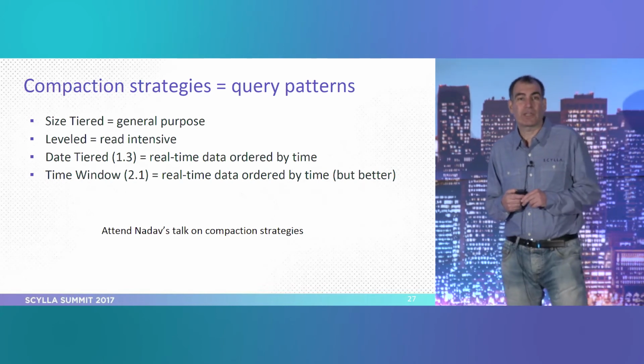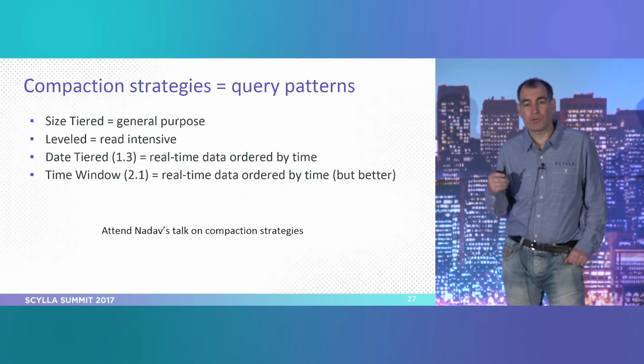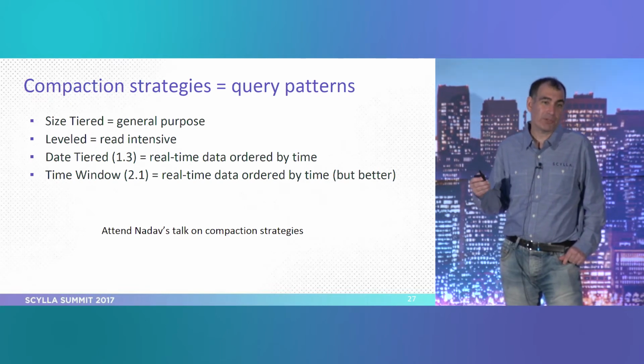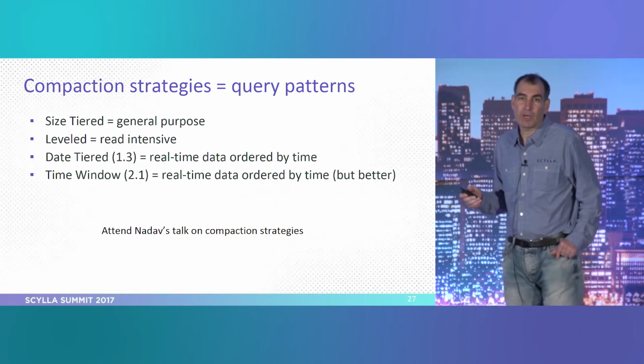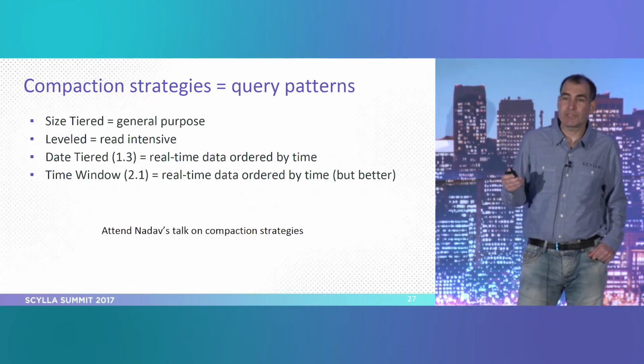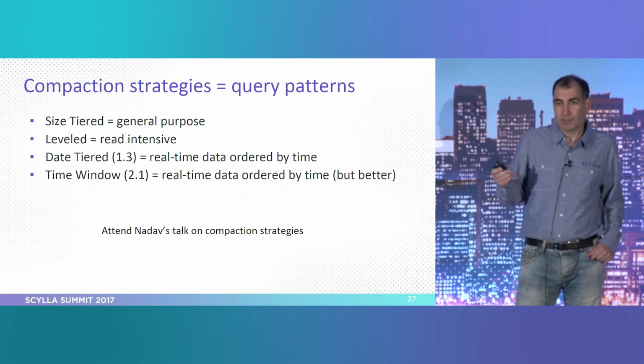DateTiered, and also time window, are examples for time series use cases, where we have data coming in that is tagged with the current timestamp, so it's always increasing. Scylla is able to take advantage of this monotonically increasing timestamp in order to optimize the layout of the data and improve your queries.